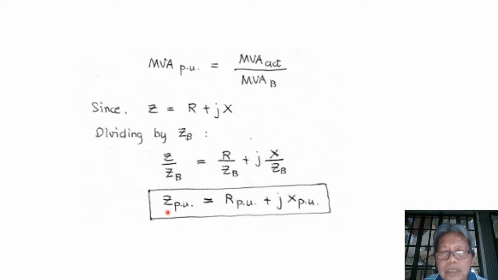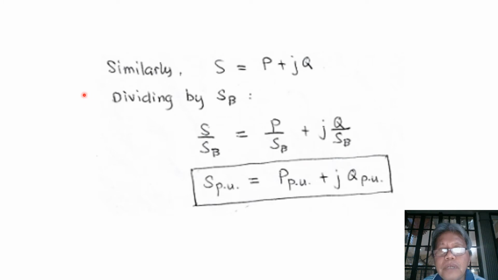At the left we have Z PU, and then our R over Z base will just be equal to R PU, and our X over Z base would be equal to X PU. So we do not have to worry about the base resistance and the base reactance because we can use the base impedance to find the per unit value. Similarly, our apparent power S is equal to the real power plus the reactive power.